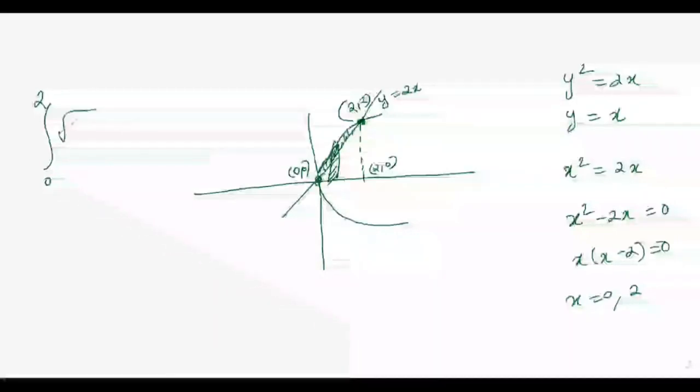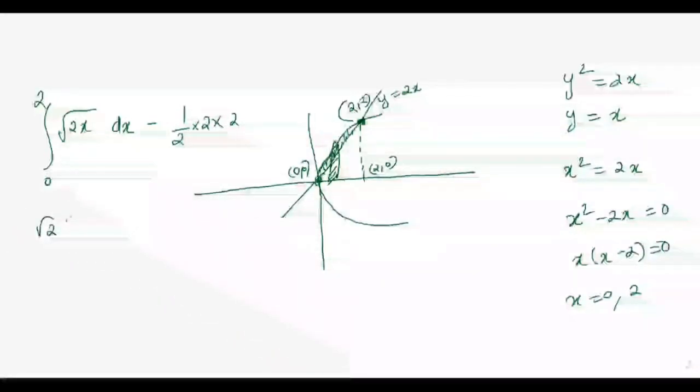Root 2x, so root 2x dx, isn't it? Minus the area of this triangle. Area of the triangle is half into base 2, height 2. Okay, so just do this.